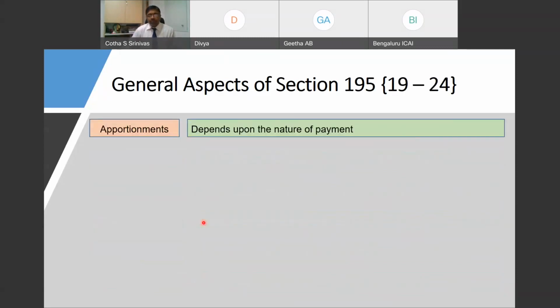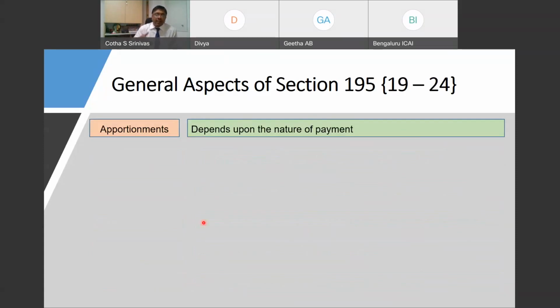Now coming to some of the other things, practically there will be something called apportionment of expenditure. Say a group company will incur certain expenditure, it may be buying of a software or something like that, and it will apportion the expenditure to the subsidiary companies, based on the number of users or something like that.